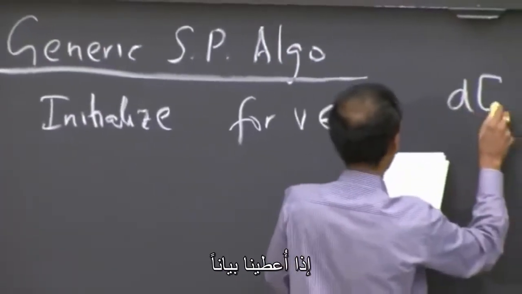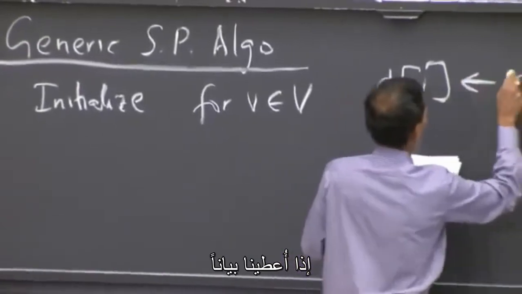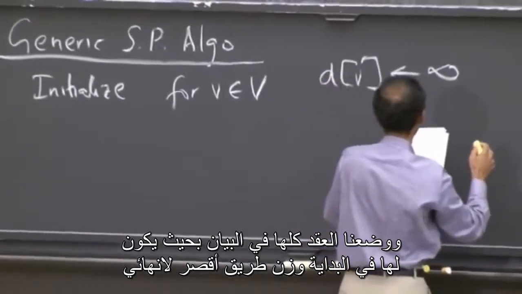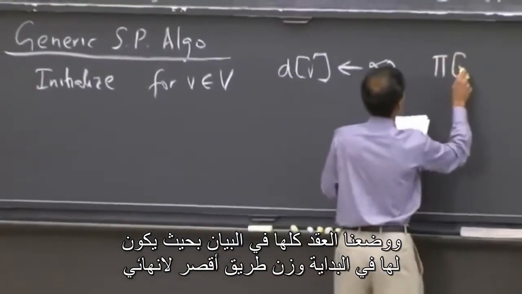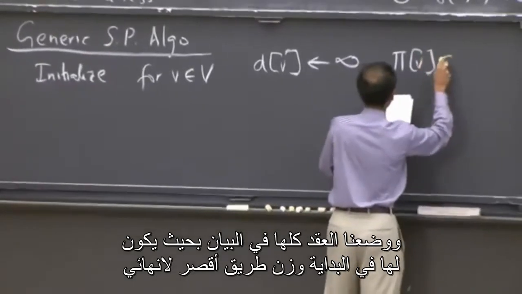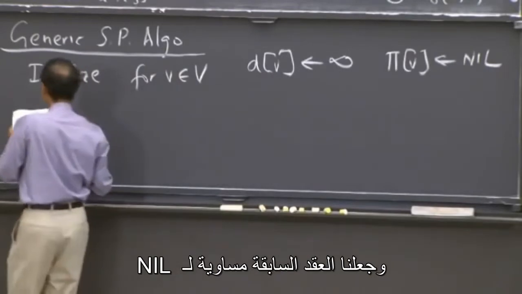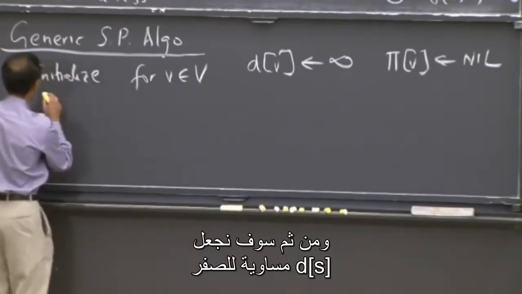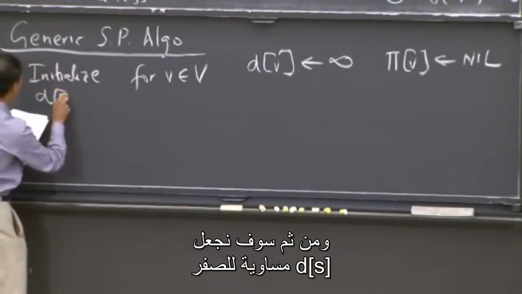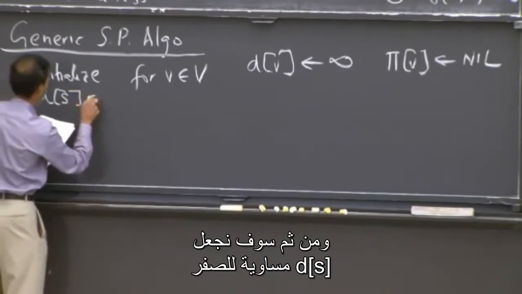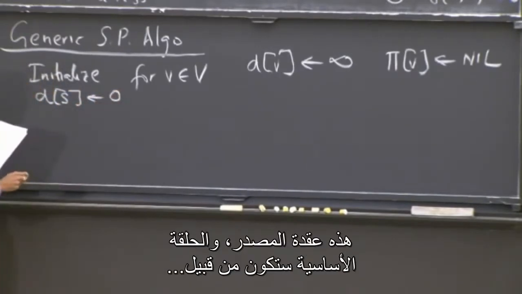So you're given a graph and you set all of the vertices in the graph to have infinite shortest path weights initially, set the predecessors to be nil, and then we'll set d of s to be 0. That's your source.